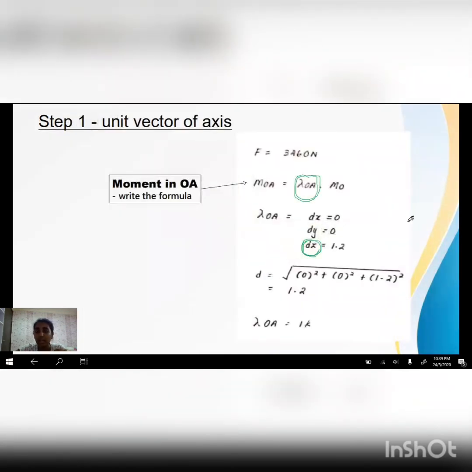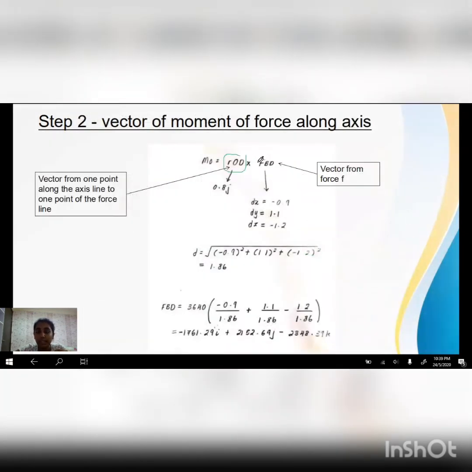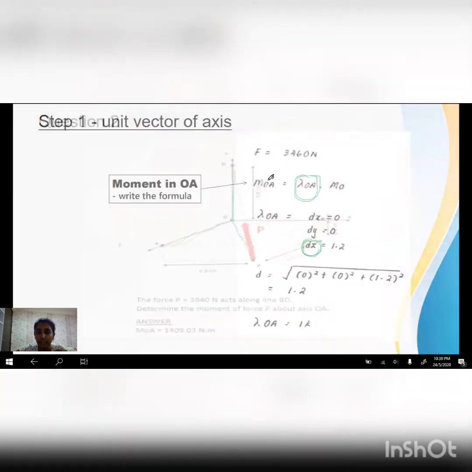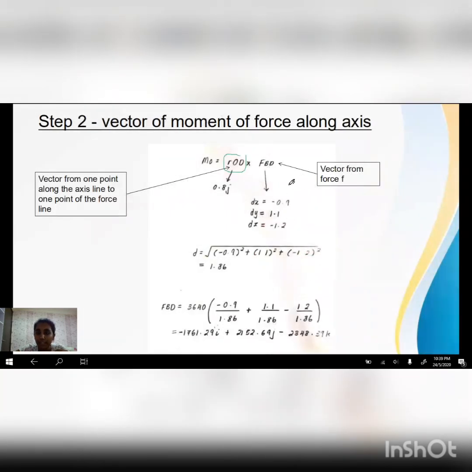So ROD times FBD. ROD is on your y-axis, which is 0.8j, and FBD has dx, dy, dz.